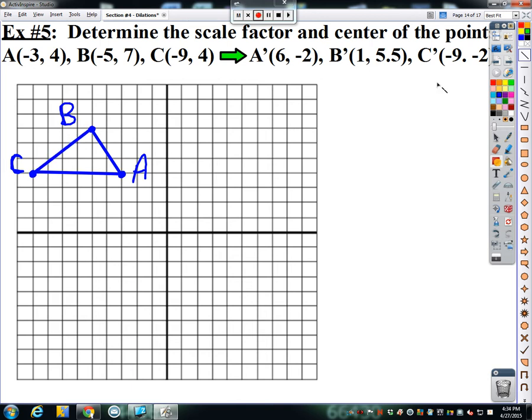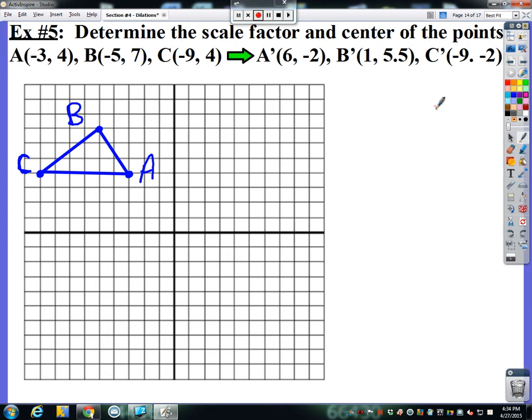Now let's look at where triangle A prime, B prime, C prime is located. So A prime is at 6, 1, 2, 3, 4, 5, 6, negative 2. So again, there's A prime. B prime is at 1, 5.5. 1, 2, 3, 4, 5.5.